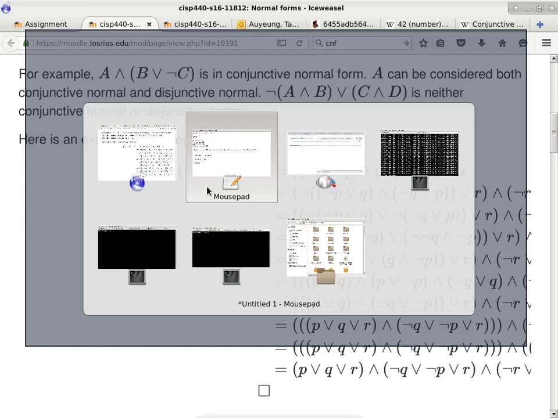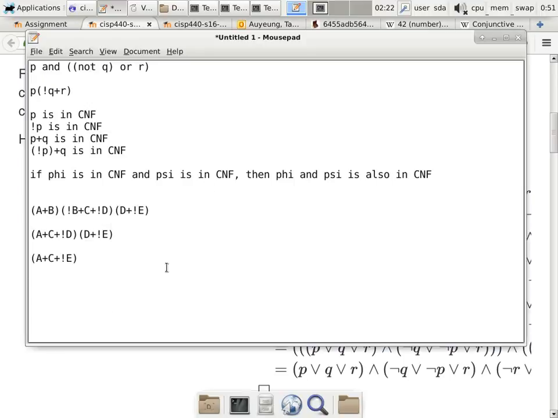Let me just use my text editor here. So we have P is equivalent to Q, and then this whole thing is equivalent to R. Is this in CNF? Obviously not, because I don't see conjunction or disjunction here.